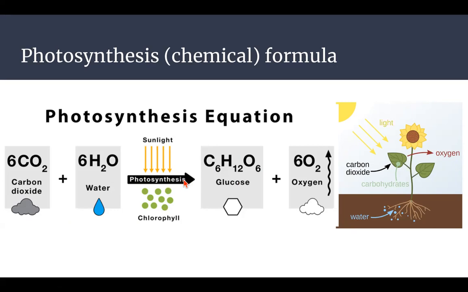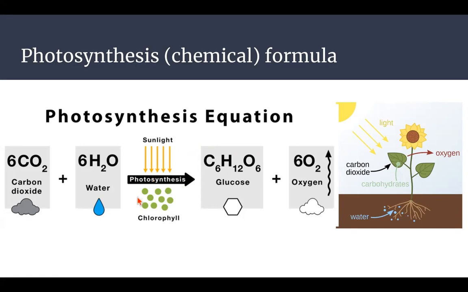It's basically a process. Now, sunlight, although it is going into the plant, we don't really consider it as a direct input of photosynthesis. It's more like a source of energy rather than a matter that goes into the process. So it is an input, but it is a form of energy.